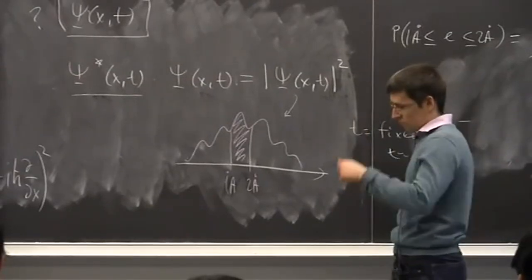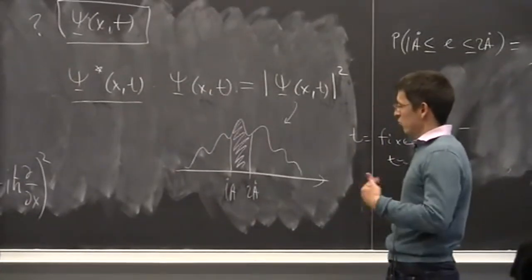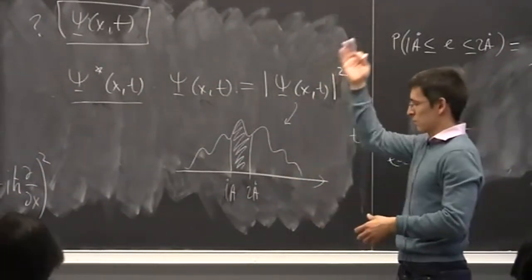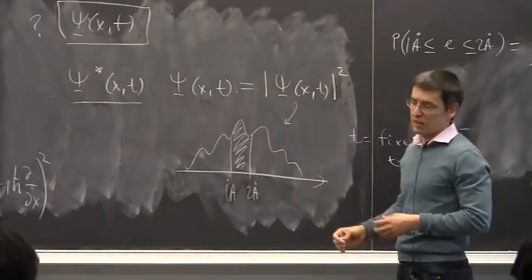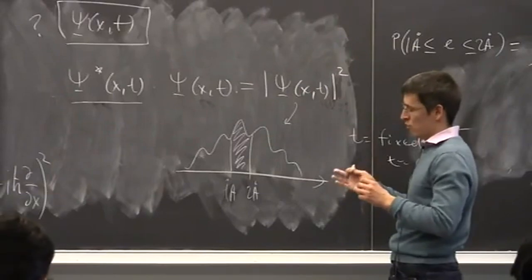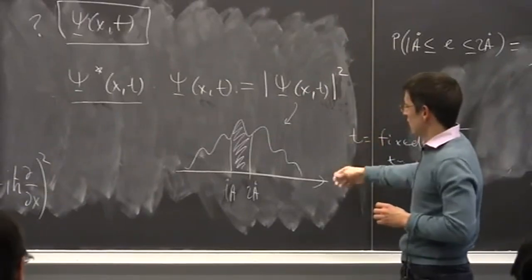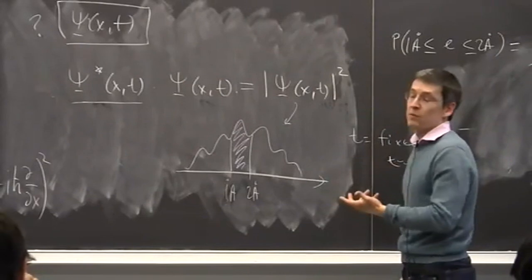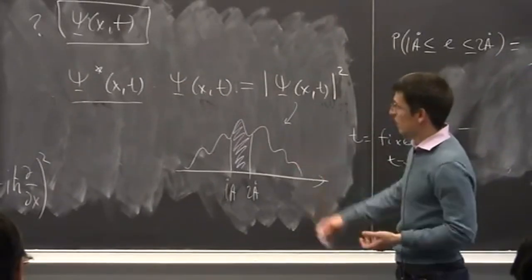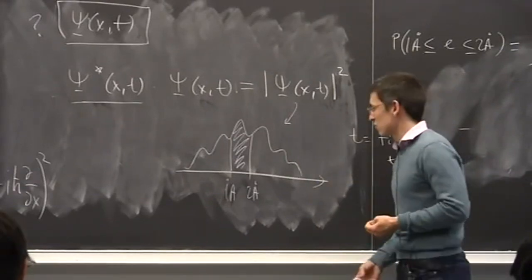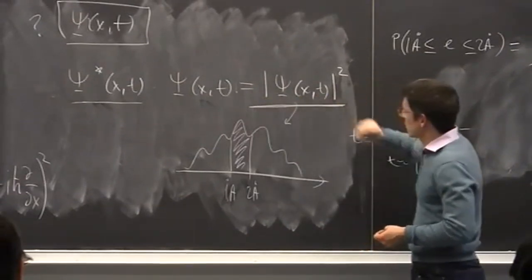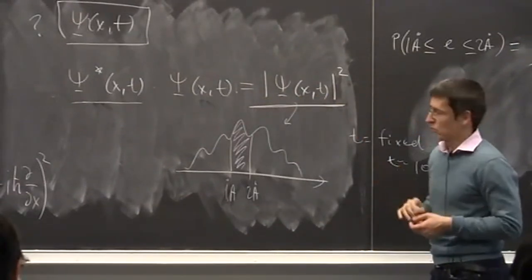If I measure with a device where the particle is, say you put in a screen that is sensitive to the impact of the particle, and the screen right away shows you, okay, the particle is here. It turns out that the result of this experiment can be predicted theoretically. That's why quantum mechanics is so powerful. It can predict the results of the experiment, and in order to do that, we need this absolute square of psi.